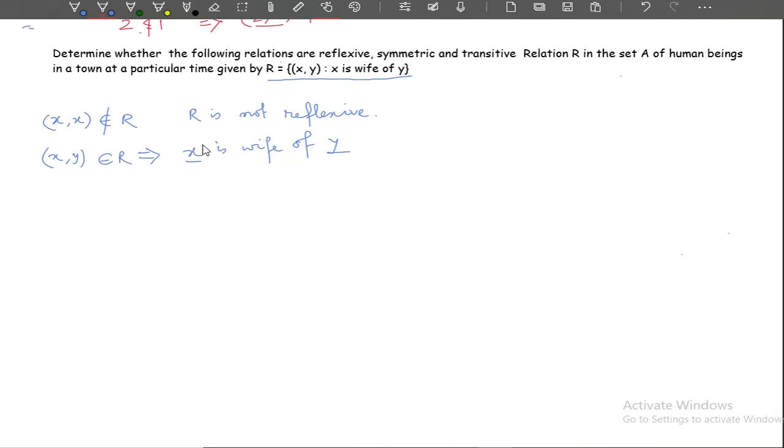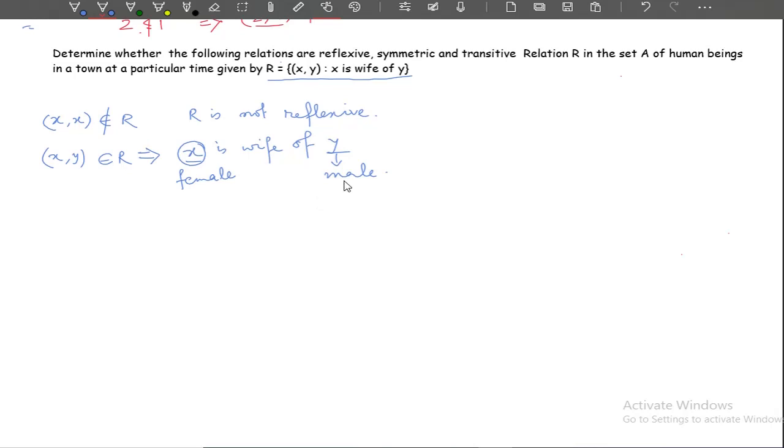Because x is female and y is male. That is the meaning of the word.